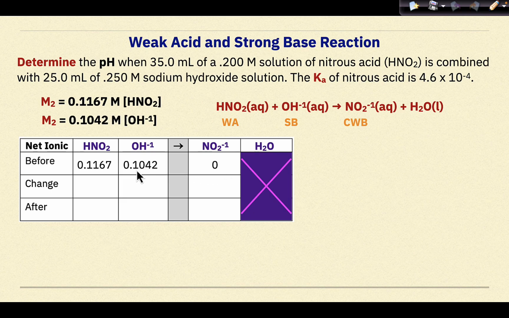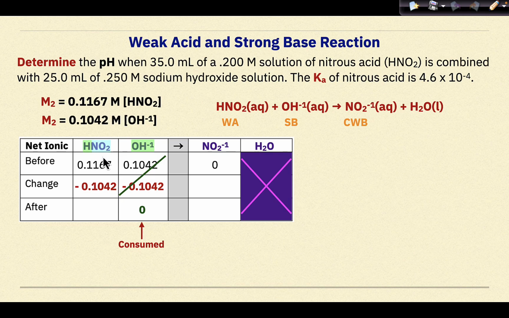OH⁻ has the lower of the two concentrations before the reaction occurs. Therefore, the hydroxide ion concentration is completely consumed during the neutralization reaction. This is represented in the change section of the table. As the weak acid undergoes ionization to neutralize the hydroxide ions, nitrite ions are produced.